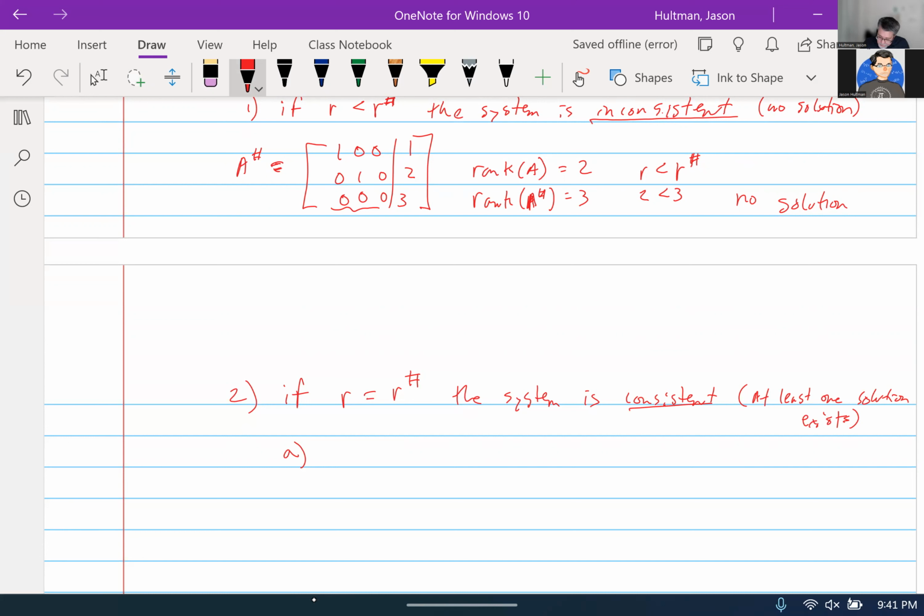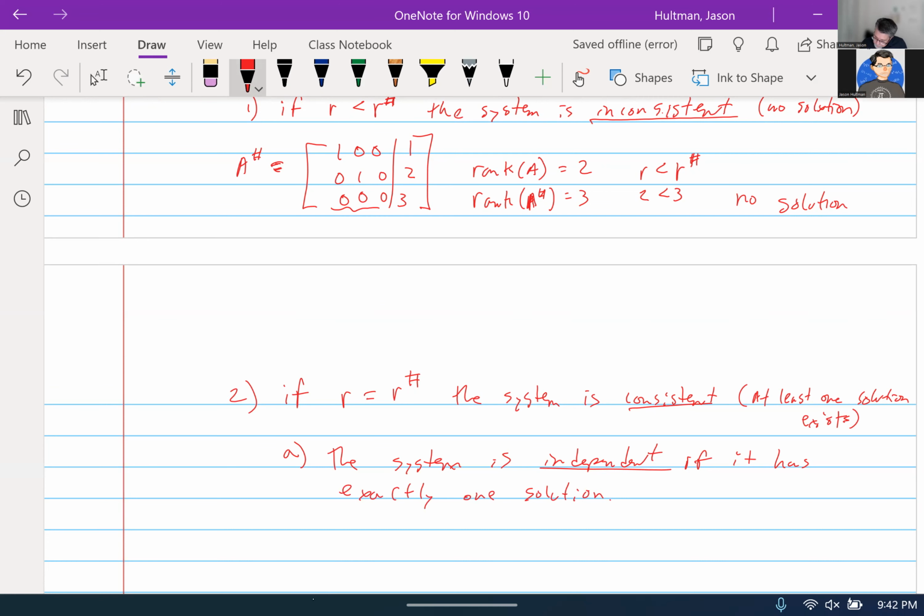We say that the system is independent if it has exactly one solution.